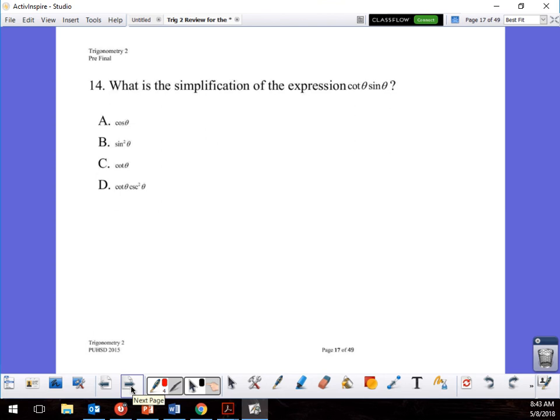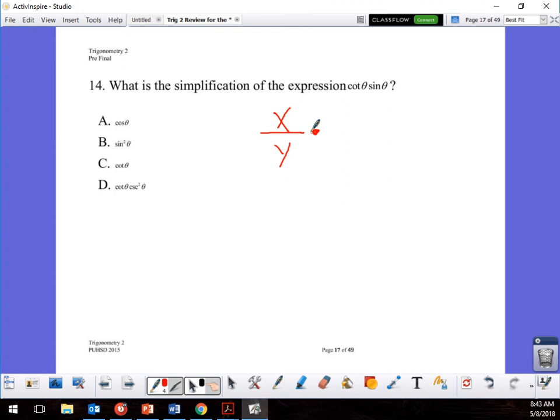14. What's the simplification of the expression cotangent theta times sine theta? Now, let's do the xy thing. Cotangent is what over what? X over y. So it's x over y times, what is sine? This one's using identities, so my r is always 1, remember?